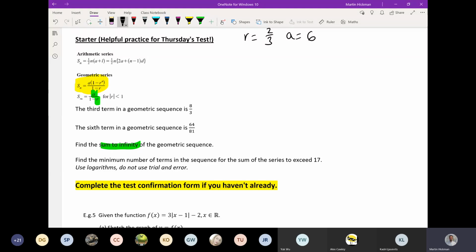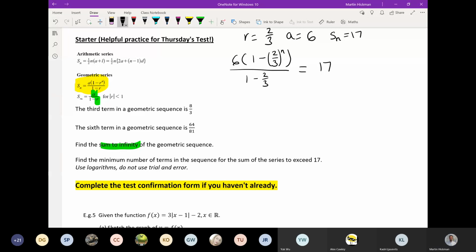What we're going to do is plug in that Sn equals 17 and try to find what n is. So a is 6, r is 2/3, and n is what we're trying to find. Then we've got 1 minus 2/3 on the denominator, and this sum of 17.